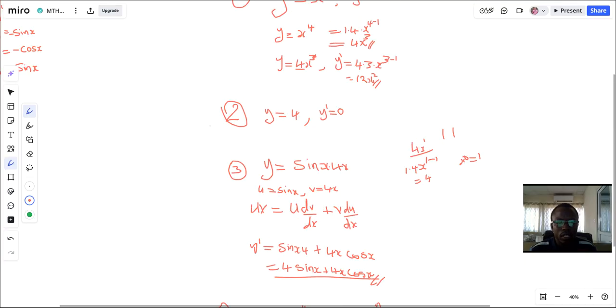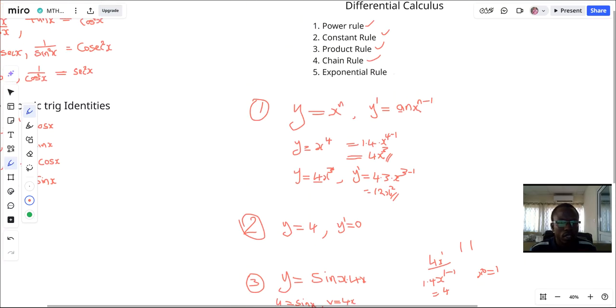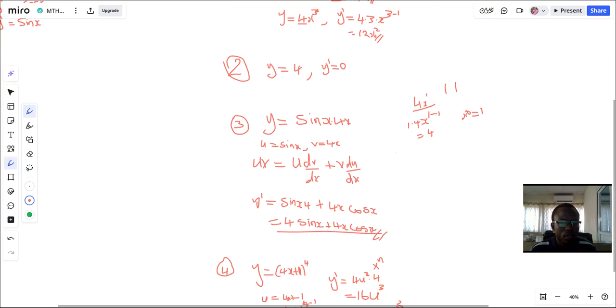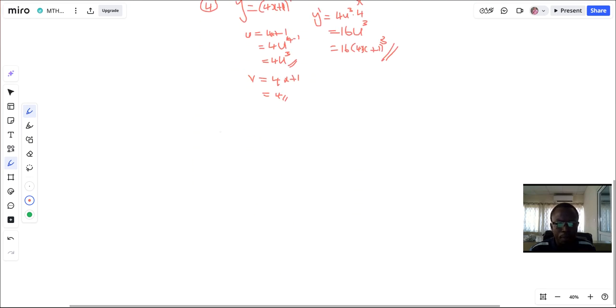Then the fifth one, the exponential rule. If you have y is equal to e power x, the derivative y prime is equal to e power x again.